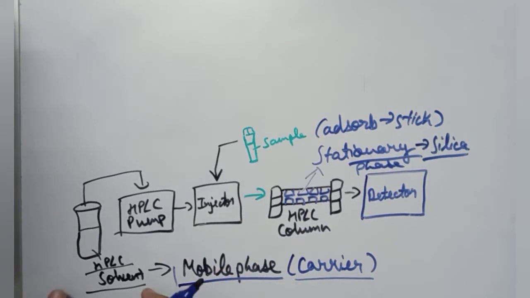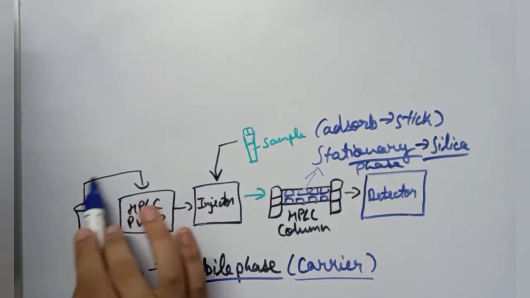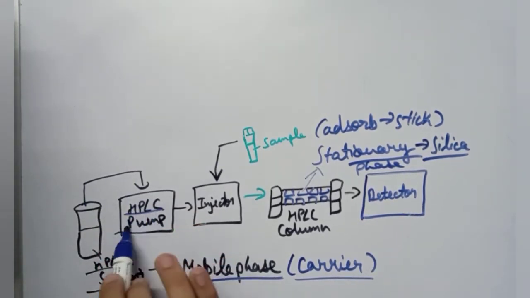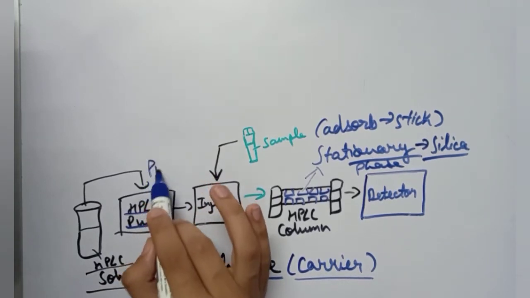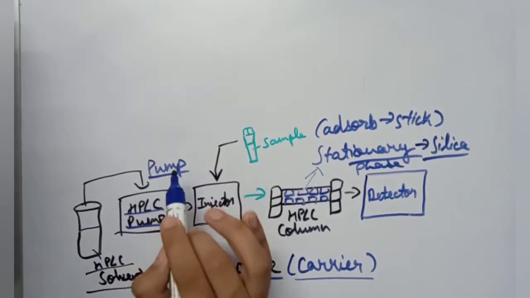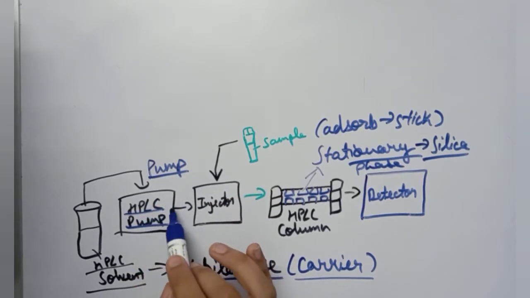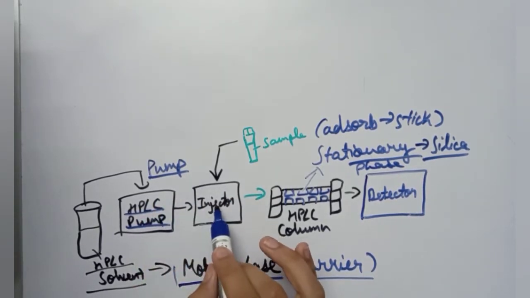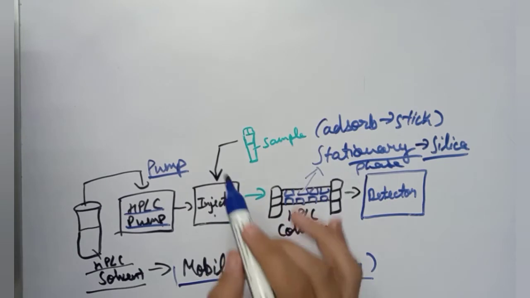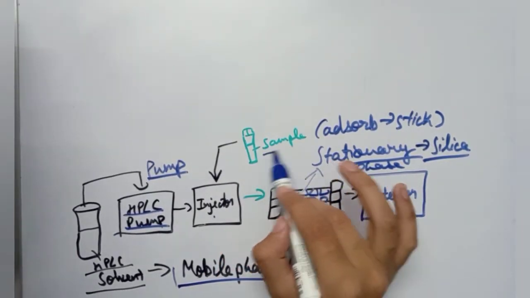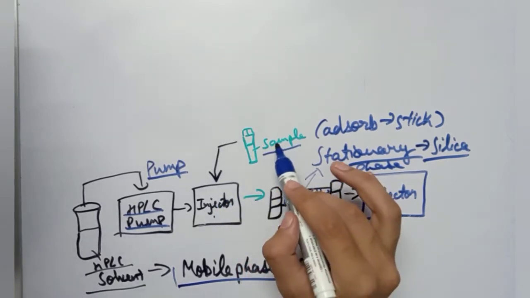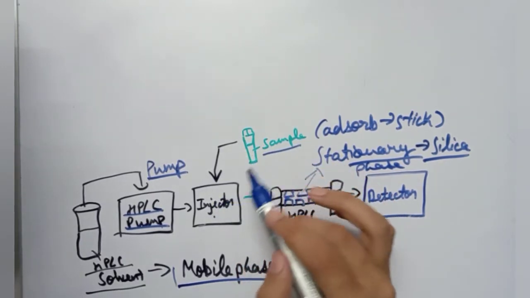So the first component, where the HPLC solvent or mobile phase is present, is taken into the HPLC pump, and the HPLC pump pumps out the HPLC solvent and injects it to the injector, and in the injector a sample is inserted.